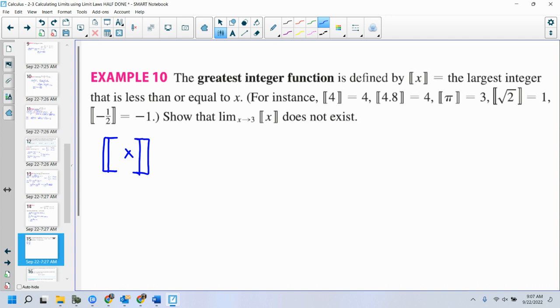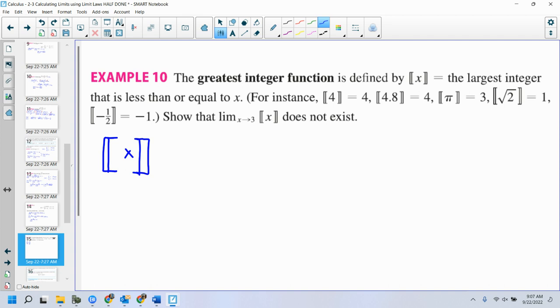The greatest integer of radical 2 is just 1 because it's 1.4 or something. So it just kind of knocks it back down. The greatest integer of negative 1/2 is negative 1. Remember, I'm talking about value here. So if I'm at negative 1/2, the next one would be negative 1 down below it.